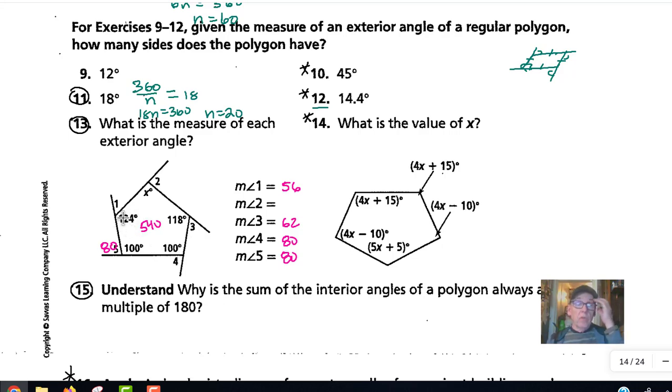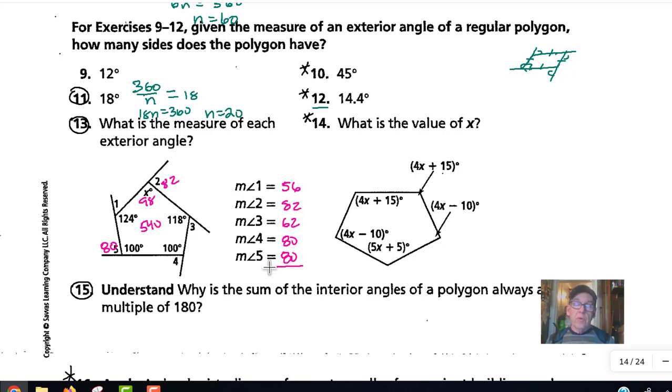We got 124, 224, 234, 242, 342, 442. That gives us 98 for x. And if that's a 98, that means this angle 2 has to be an 82.